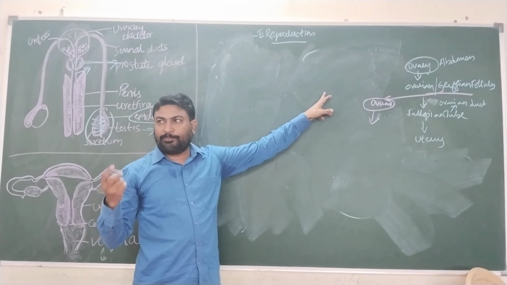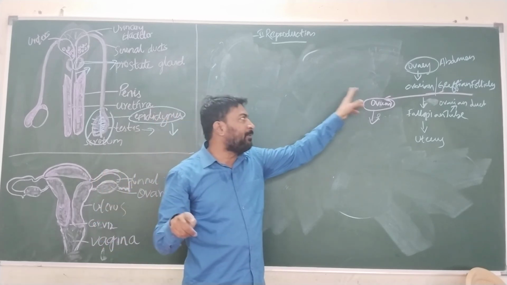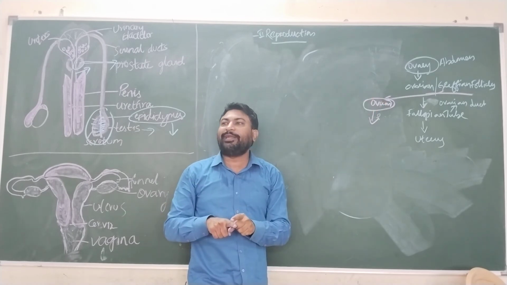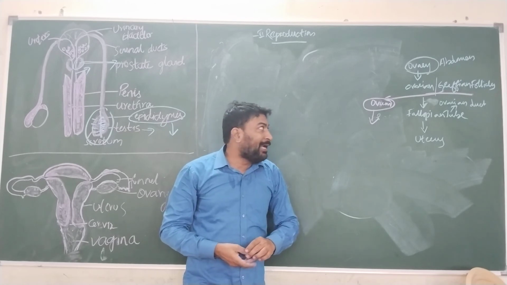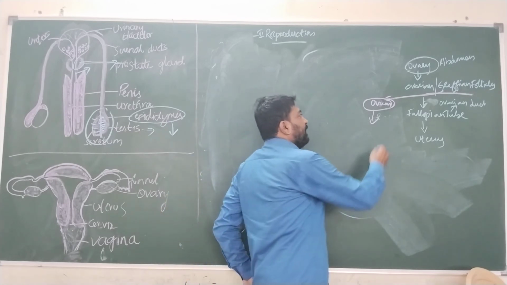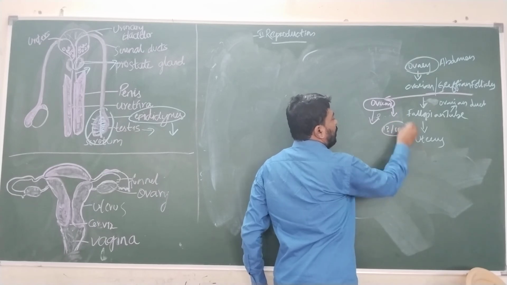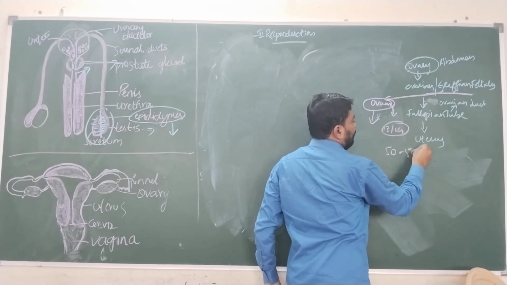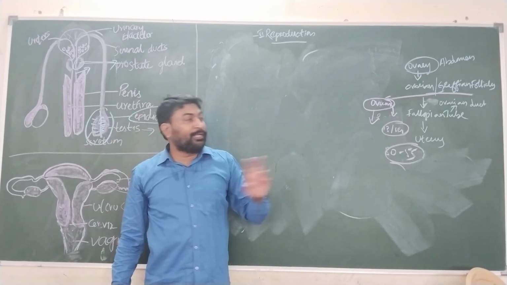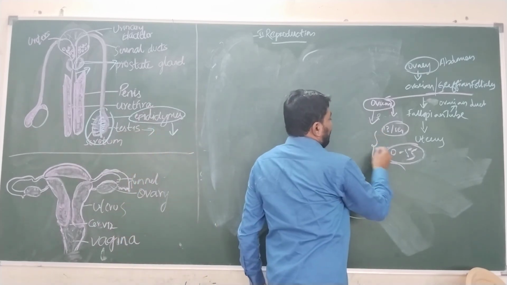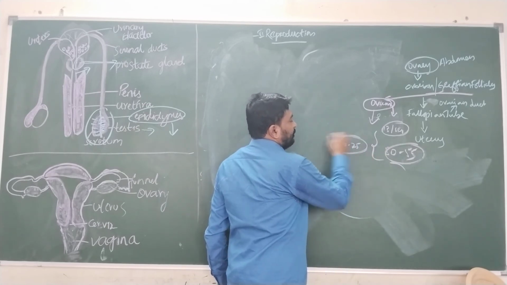The ovaries are a pair, meaning two ovaries are present in the abdominal cavity. Inside the ovary there are several follicles, and unlike in males, production of ovum starts at the age of 13 or 14 and stops by the age of 50 to 55 years. During this period, a female can give rise to around 20 to 25 children.